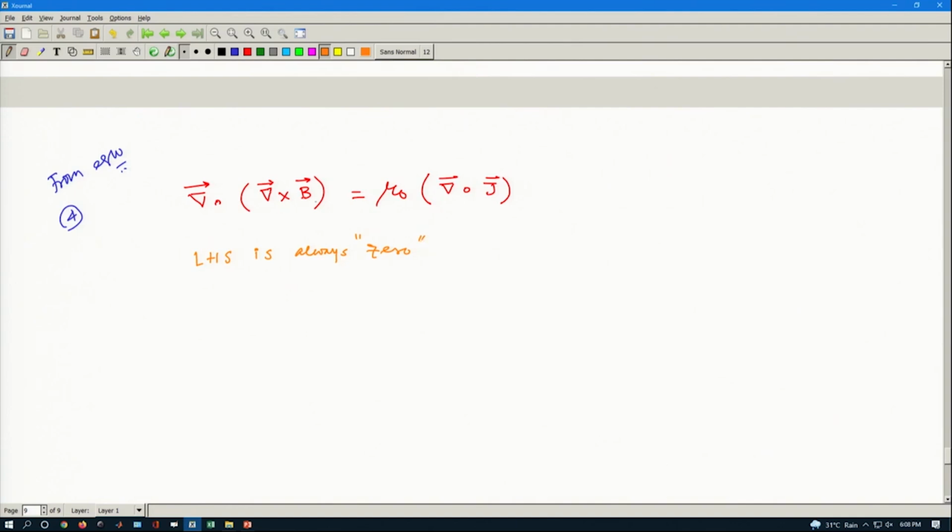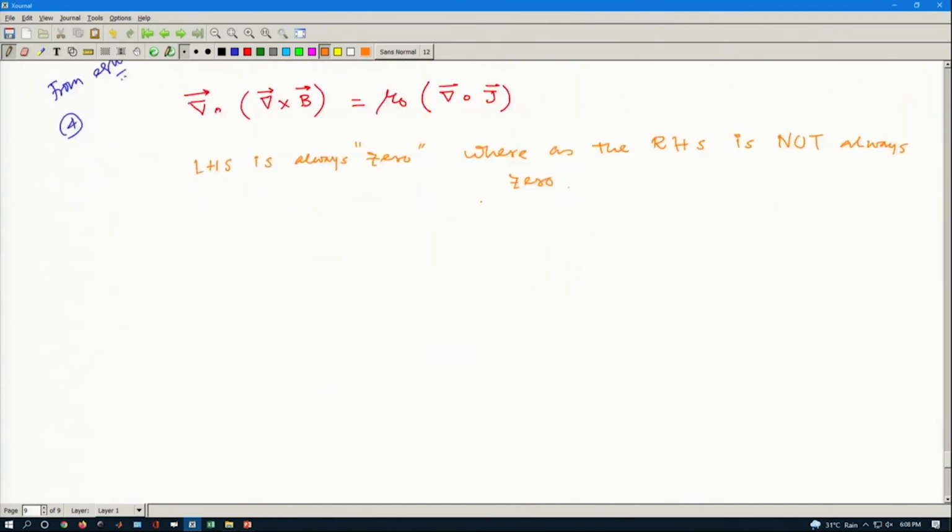This is unconditional, because if I take the divergence of a curl of something, then it has to be 0. But the right hand side is not always 0. For steady conditions maybe it is 0, but it is not always 0, while the left hand side is unconditionally 0.